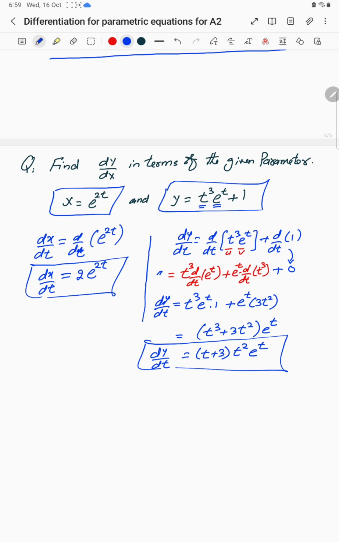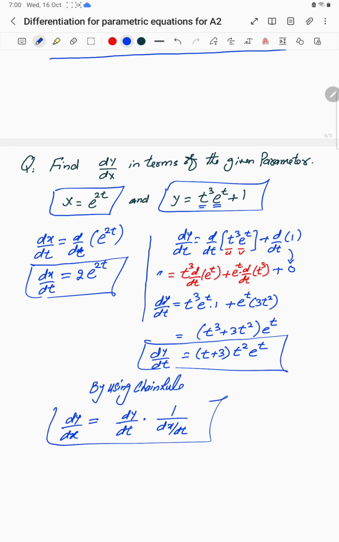Now as we are interested to find dy by dx, by using the chain rule, because t is connecting x and y, dy by dx will be dy by dt times 1 over dx by dt.